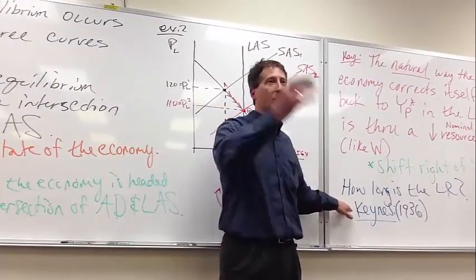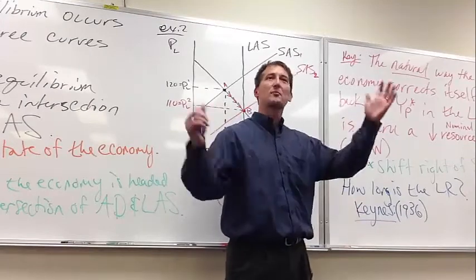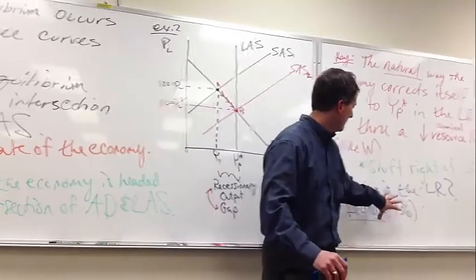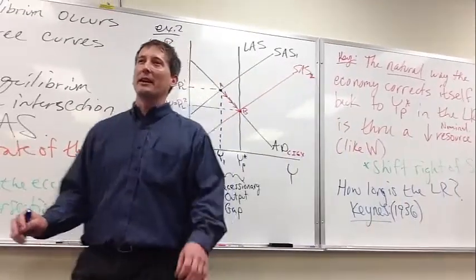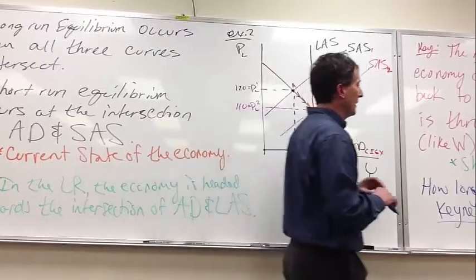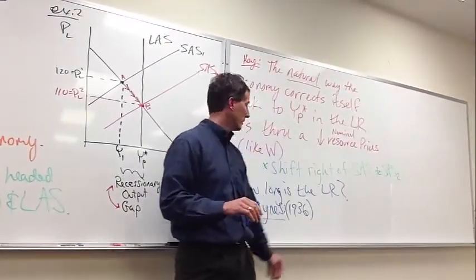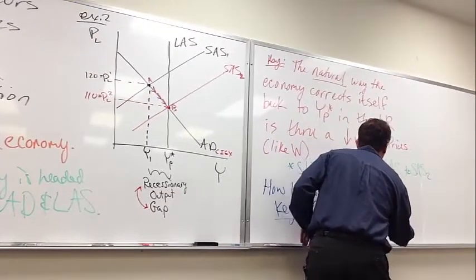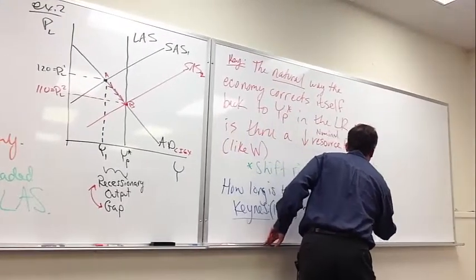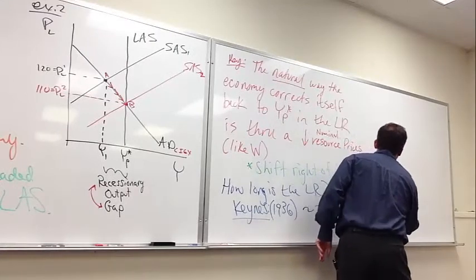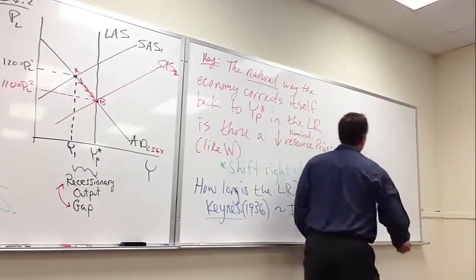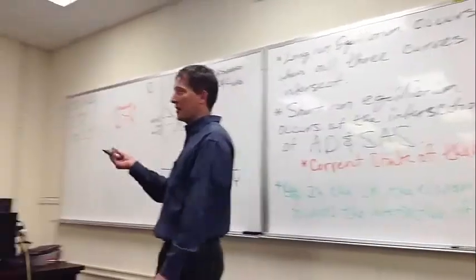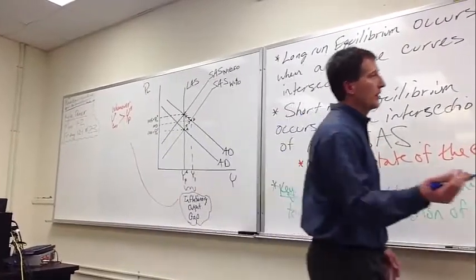So he's a young guy, full of energy, comes up and just smacks microeconomics, smacks economics in the face, and says, wow, maybe we could do something here by the government playing a bigger role in the economy. And so Keynes in 1936 says, in the long run, we're all dead. Let's not wait that long. Let's not suffer that long, because maybe there's another option.